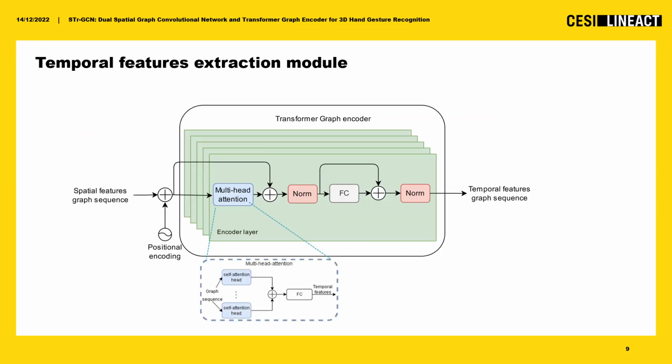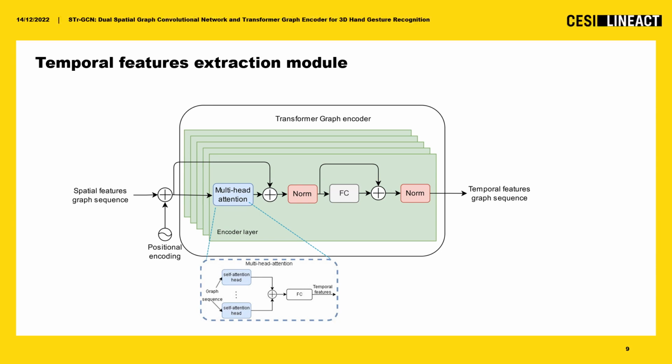And the next step is the temporal feature extraction using a Transformer Graph Encoder, which is a model that we introduced in this paper inspired by the original Transformer model. This module learns the inter-frame correlation locally between joints, and these local features are then used to learn the global motion of the hand.